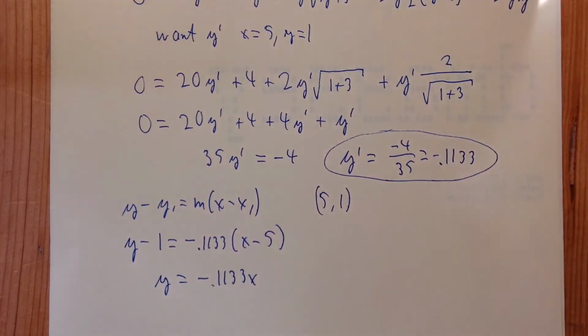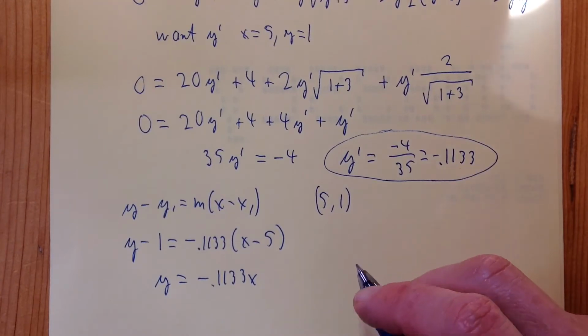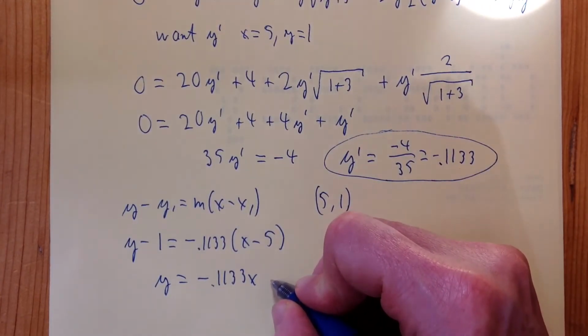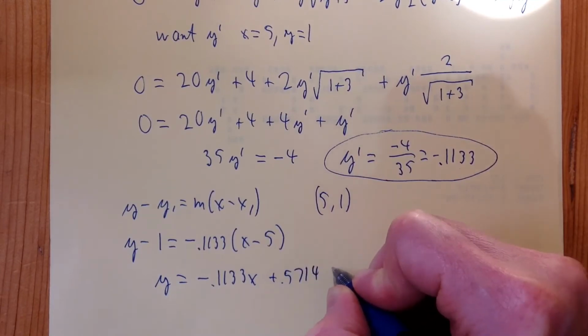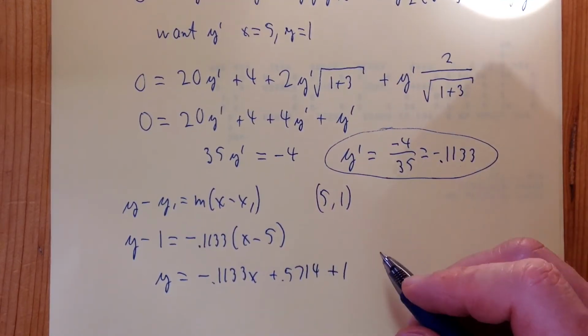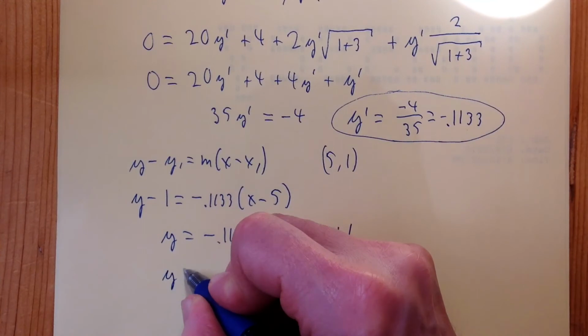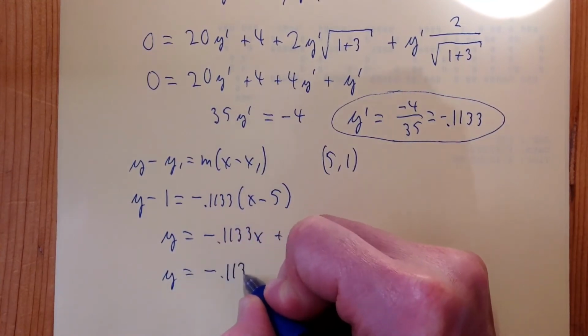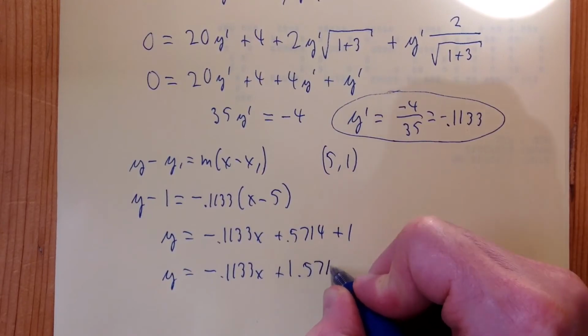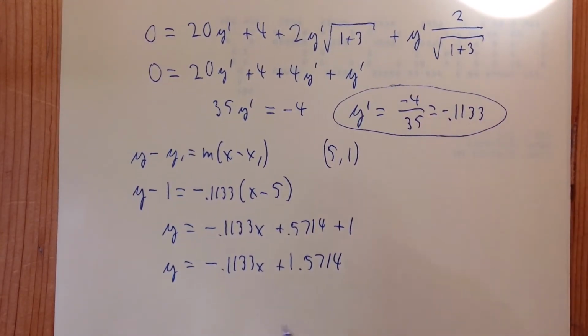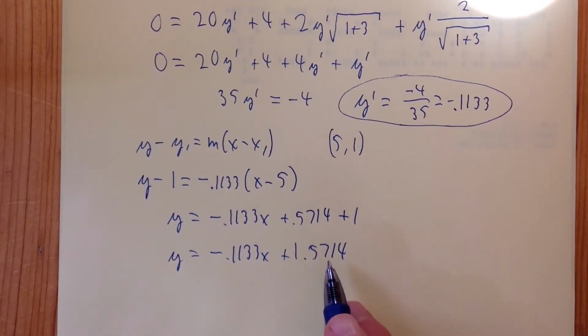Negative times negative, so times 5 is 0.5714, so plus 0.5714 plus 1, or finally y is equal to negative 0.1133x plus 1.5714. Okay, that's our linear approximation.